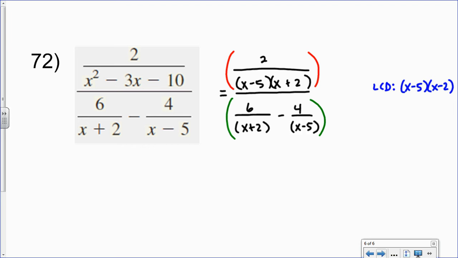So x plus 2, that's covered by this x plus 2. And then x minus 5, that's covered by this x minus 5. So I have my LCD here. Okay, so I multiply numerator and denominator by the LCD.